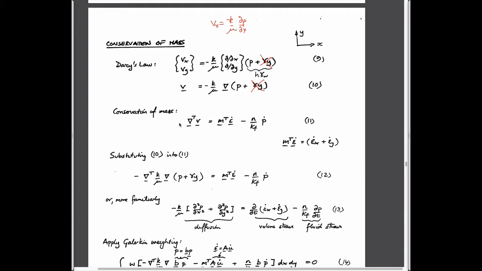And we can write a conservation of mass term. This is mass in minus mass out. This is accumulation due to fluid compressibility.